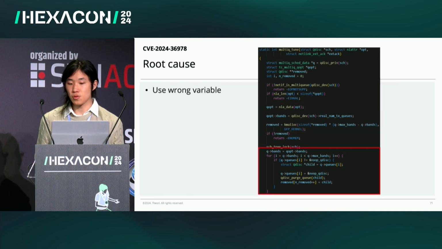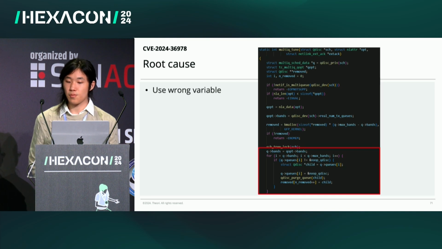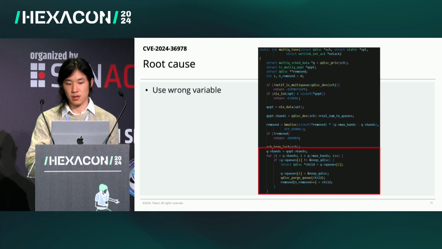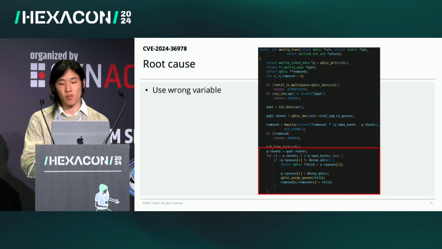And before entering the loop, it modifies q->bands to qopt->bands, and then proceeds with the loop. If q->bands and qopt->bands are different, it can lead to out-of-bound access, and actually, we can make it different. So we can get a slab OOB.